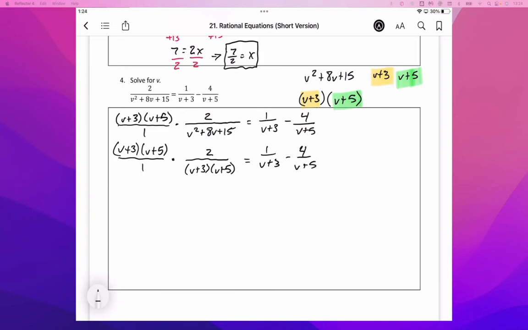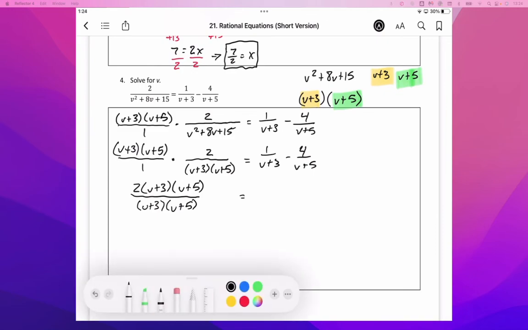And so we do our multiplication. We get 2 times v plus 3 times v plus 5 over v plus 3 times v plus 5 is equal to, oh shoot, I forgot to write the multiplication piece out on the right side there. So let's take care of that.